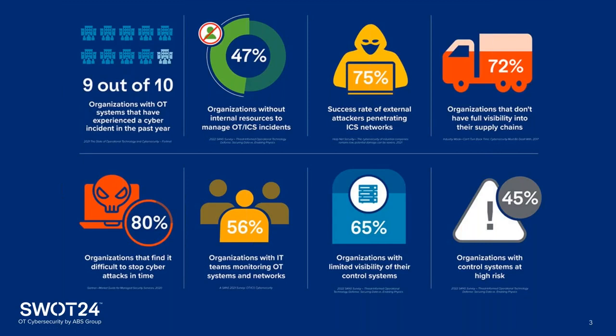About 72% of organizations don't have full visibility into their supply chain for their OT networks. And 80% of organizations find it difficult to stop cyber attacks in time. Also, 65% of organizations have limited visibility of their OT networks, and 56% have IT teams tasked with monitoring the OT networks. And also, about 45% of organizations say their OT systems are at high risk.